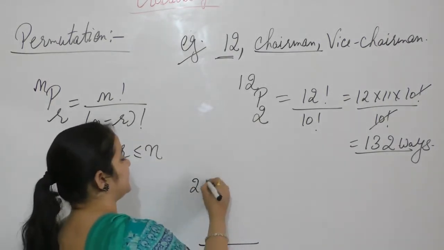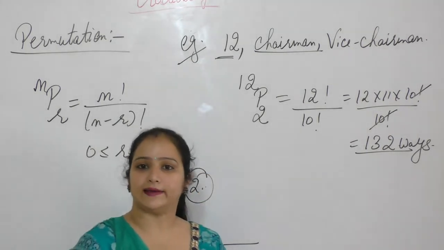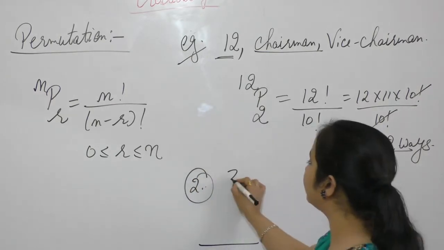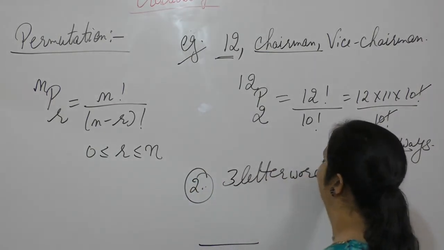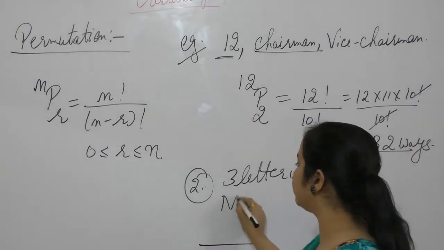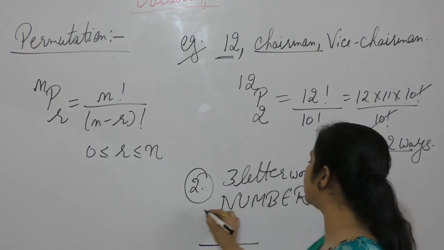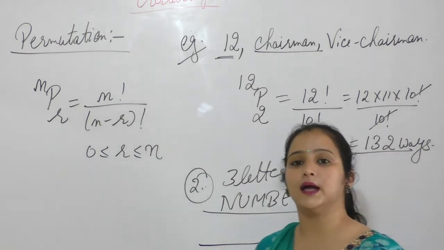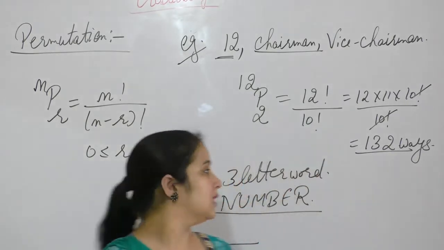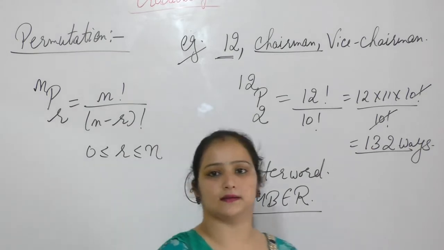Let us take another example. Suppose you have to make a 3-letter word. आपको 3-letter word बनाना है और जो letters हैं that are chosen from the word number. Repetition is not allowed here. Then in how many ways can you make 3-letter words out of these 6 letters?